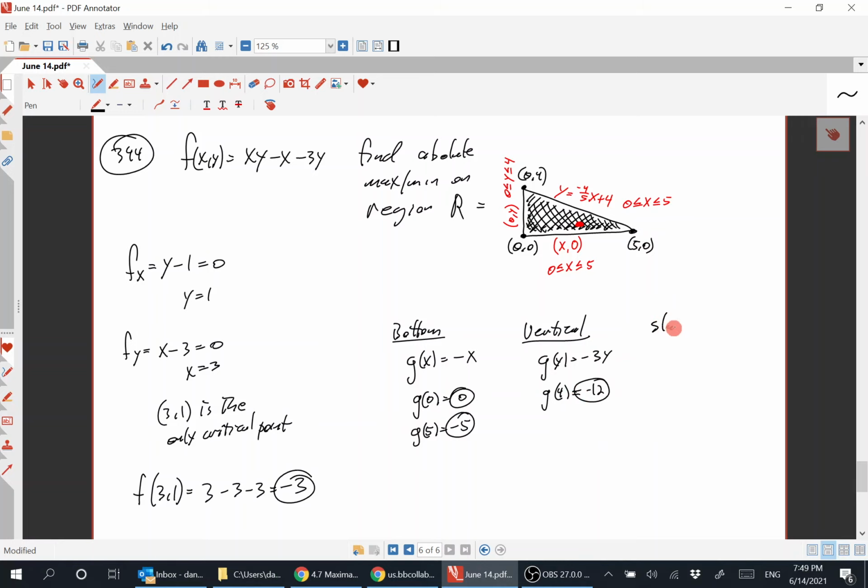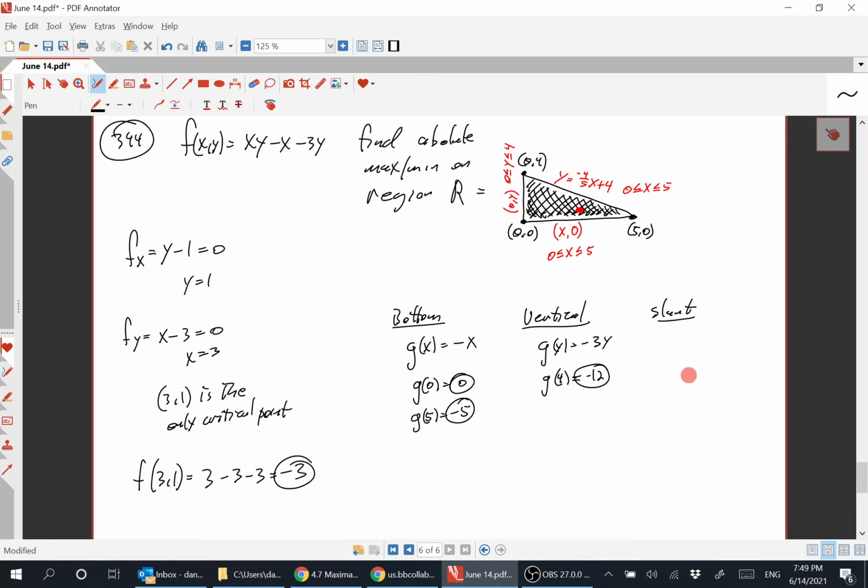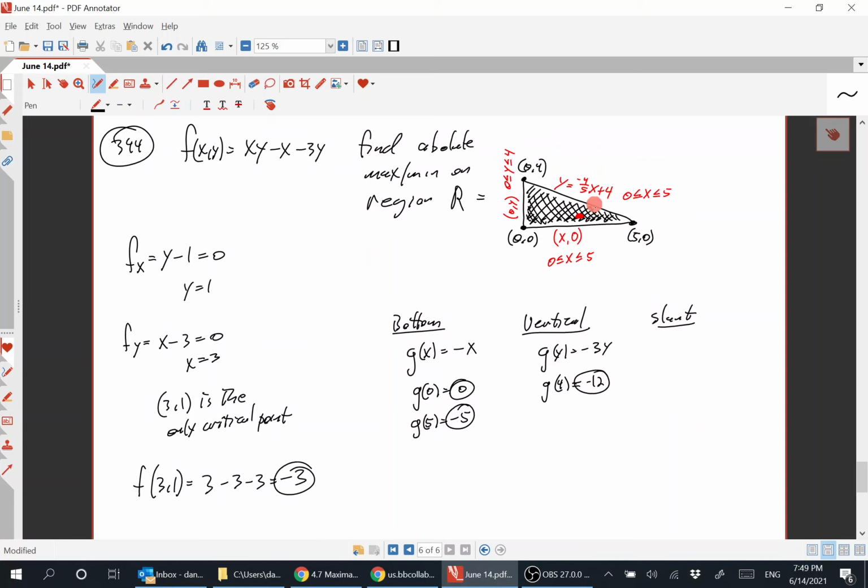And then on the slant, you've got y equal to minus 4/5 x plus 4. So g of x is equal to x times y, minus x, minus 3y. Let's take this down below.